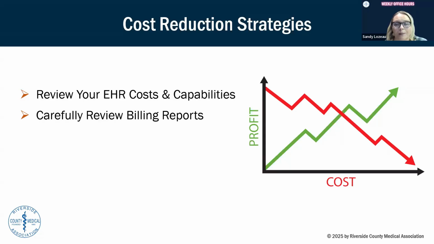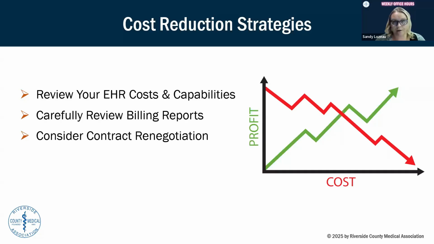They do offer billing support, but this is a free tool that you can use, and it has tons of information that'll help your practice. And then it'll also give you considerations on whether you need to renegotiate your current contracts. If you're losing money on your patients that are coming in because you have a bad contract, that is absolutely going to affect your operational costs. By definition, you cannot be losing money every time a patient walks through the door. So looking at those is going to be very important.